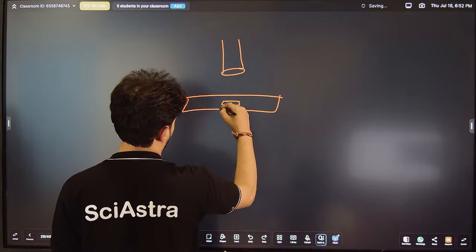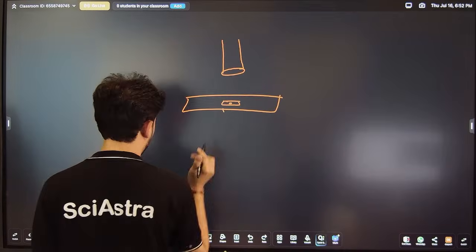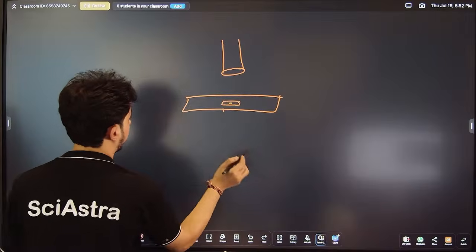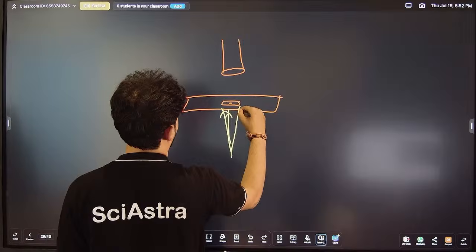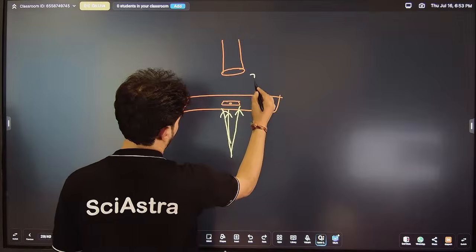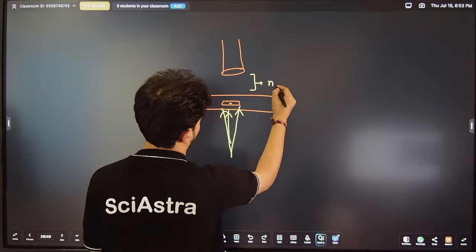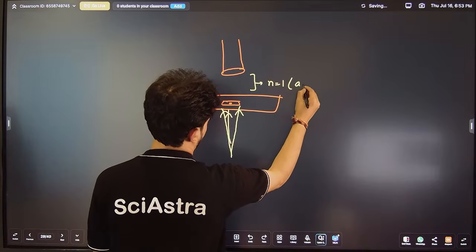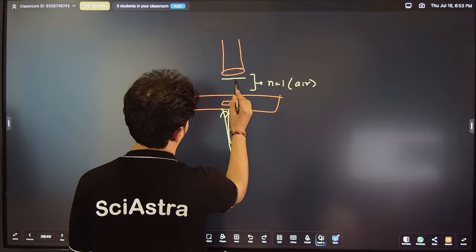And you are getting the light rays here, correct? Now, the refractive index of the medium before putting the immersion oil is 1, that is for air, right? Now you put the immersion oil.